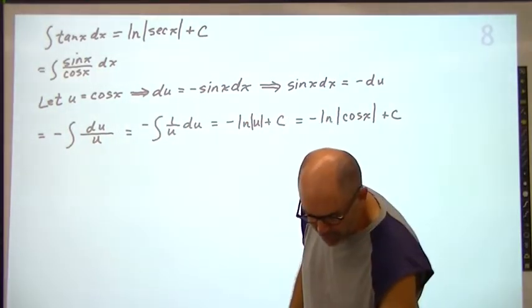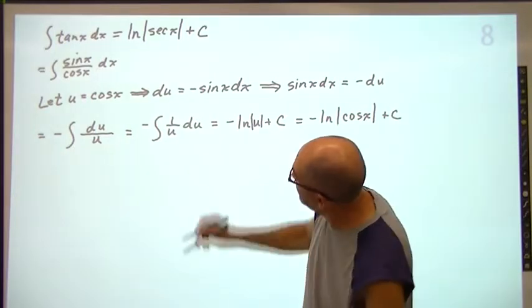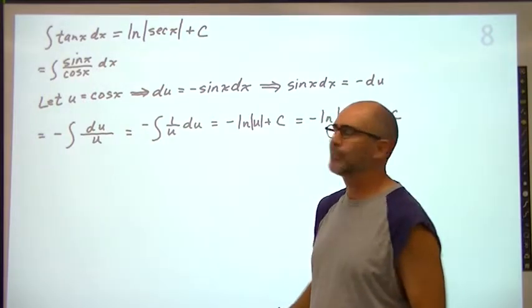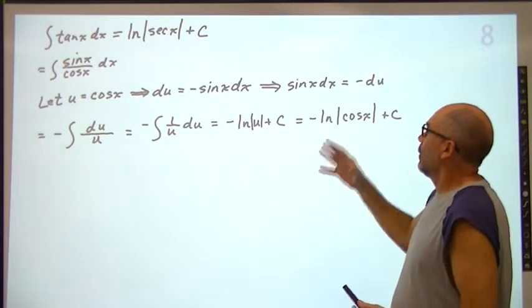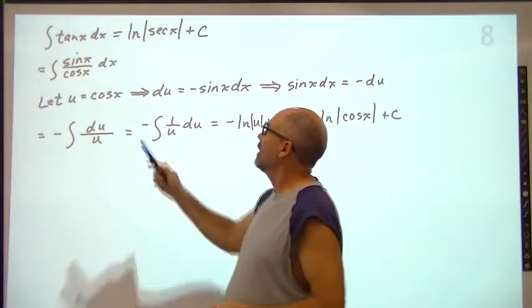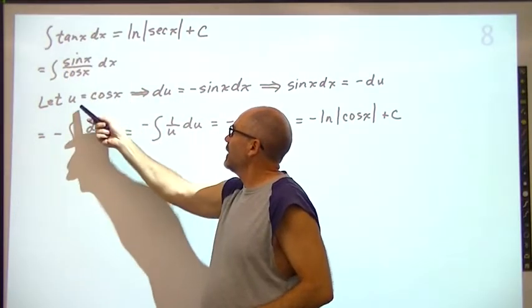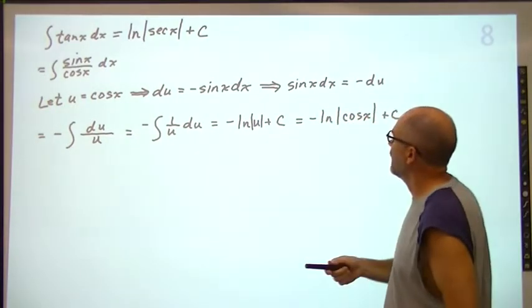Do you think you should possibly memorize that? Yes, I'd say so. Okay, so really pretty simple substitution that we just saw. We've got sine x dx here, and the derivative of cosine is negative sine x dx.